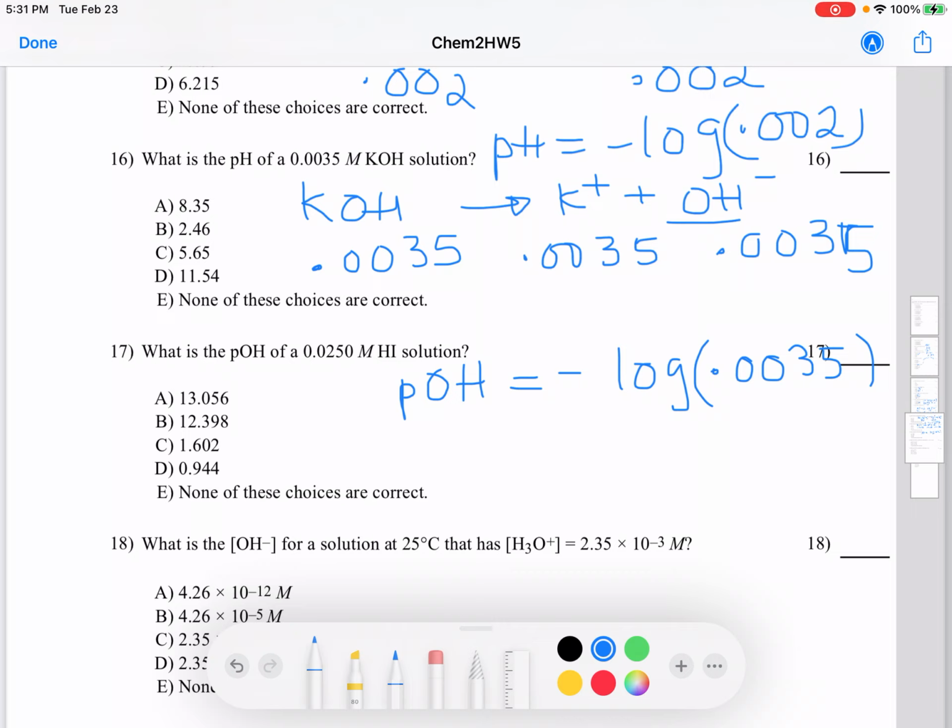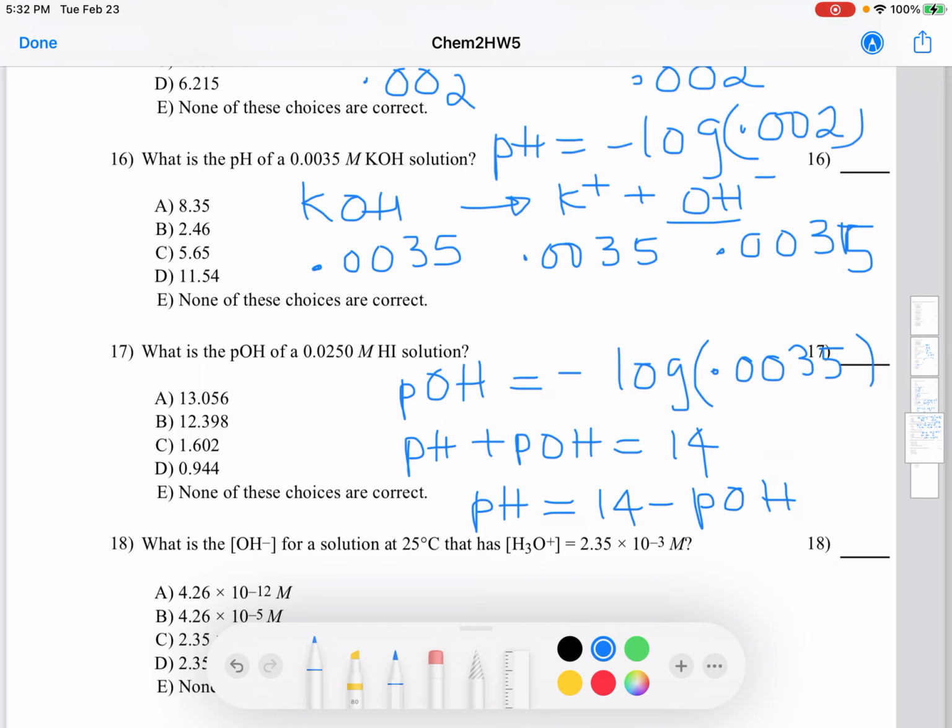Once you find out pOH, how do you calculate the pH? Remember, pH plus pOH equals 14. Once you find out the pOH, pH would be 14 minus pOH. It should be a number greater than 7 because we are in a basic solution, right?